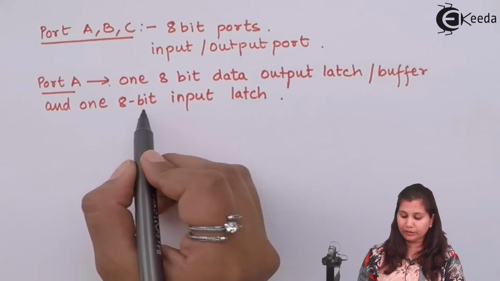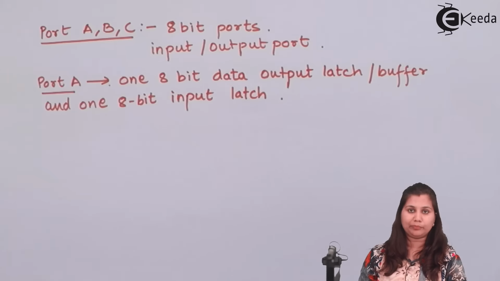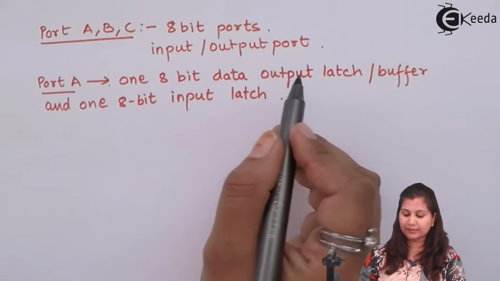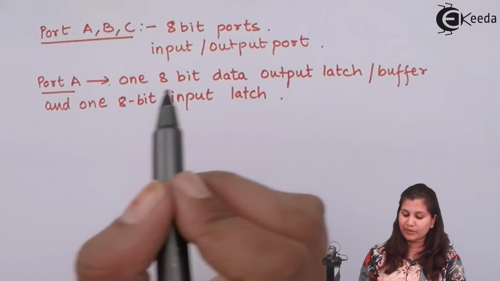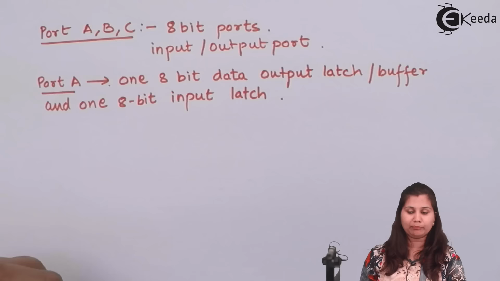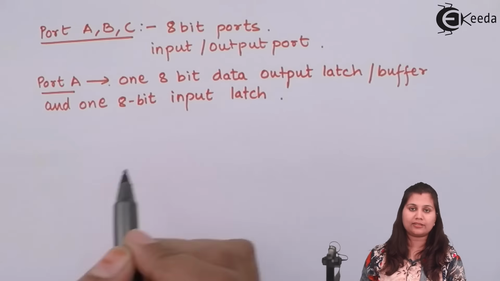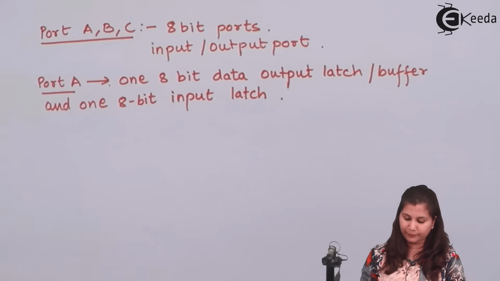The input latch provides the input data, and the output latch provides the output data. So when the port is acting as an output port, this latch will work, and when it is acting as an input port, then the input latch is going to work.